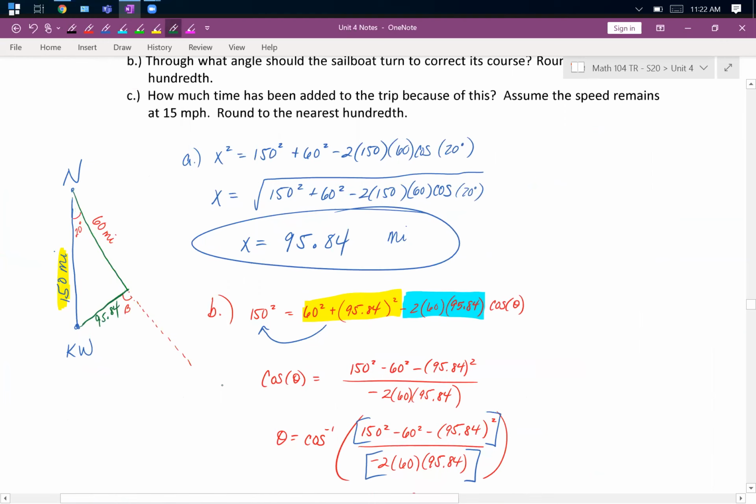Well, we were originally traveling 150 miles at 15 miles an hour, so it would end up taking us 10 hours, but now we're going to be traveling 154.84 miles.